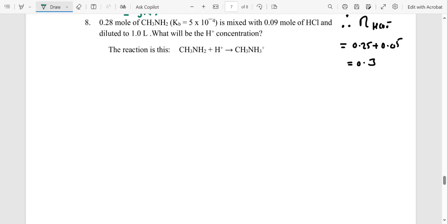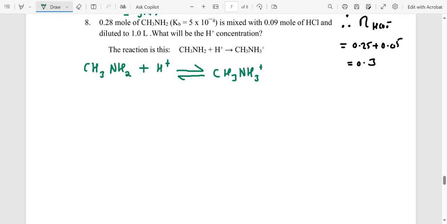So what are we going to do for this one? Let's start with our equation. CH3NH2 is reacting with the hydrogen. The hydrogen is basically coming from the acid. And this is forming CH3NH3 plus.